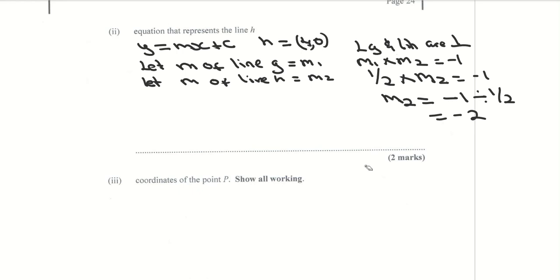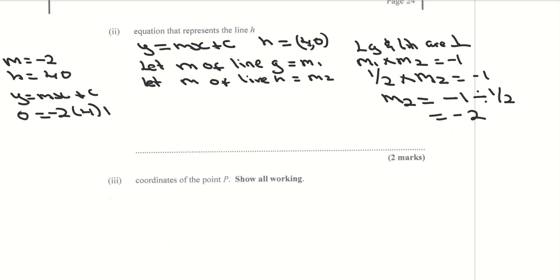Right? And I have my coordinates. I don't know what my y-intercept is. So again, there are two ways that you can do this. My gradient is equal to -2, and the coordinates on H is (4, 0). So I can say y is equals to mx plus c, which is 0 is equals to -2 by 4 plus c.